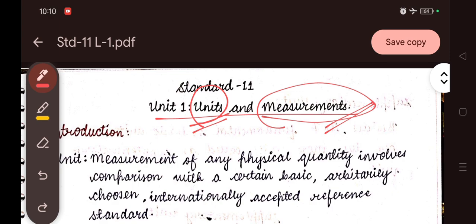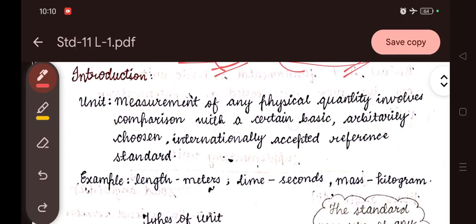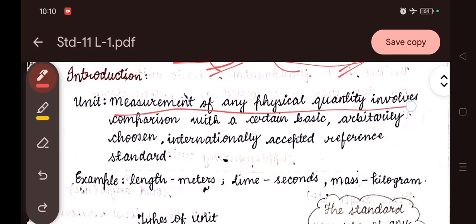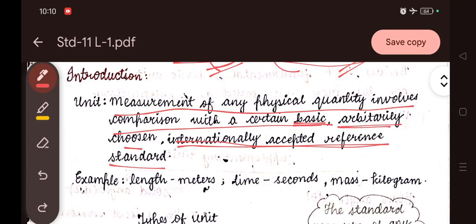So unit can be defined as measurement of any physical quantity involves comparison with a certain basic, arbitrarily chosen and internationally accepted reference standard. So this is what unit can be defined as, or unit is basically measurement of any physical quantity which is universally accepted.